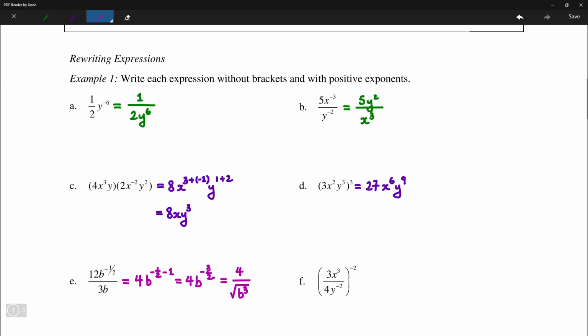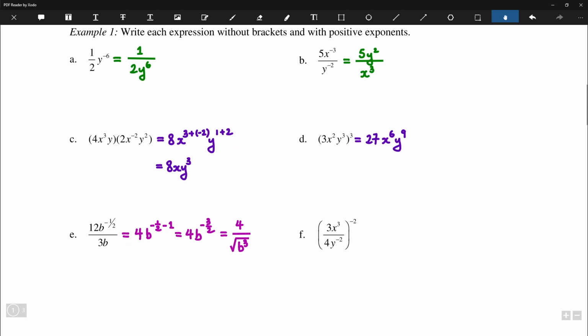Next question. So this one is a little bit more complex because it is a rational expression, and also has a negative exponent on the outside of the parentheses. So we'll first apply this negative exponent here. So that will give us the reciprocal, so 4 over 3 instead of 3 over 4.